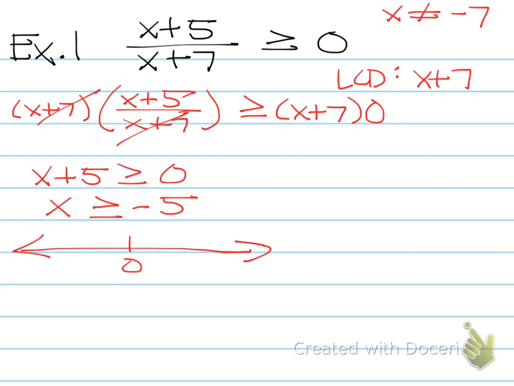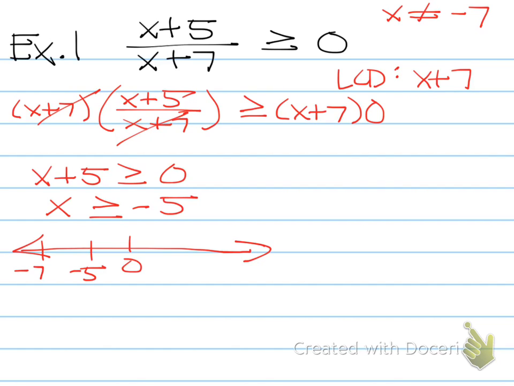All right, so now we're going to draw a number line, put 0 in the middle. And so we should have markers at -5 and also at -7. At -7, x cannot equal.